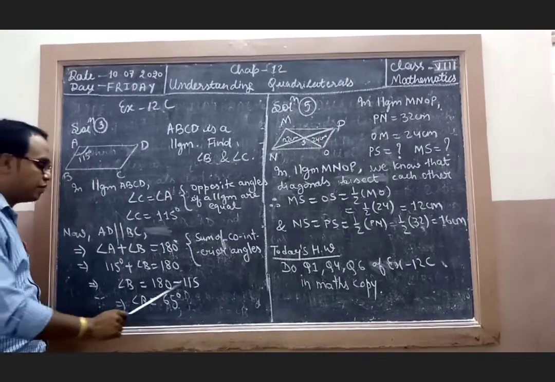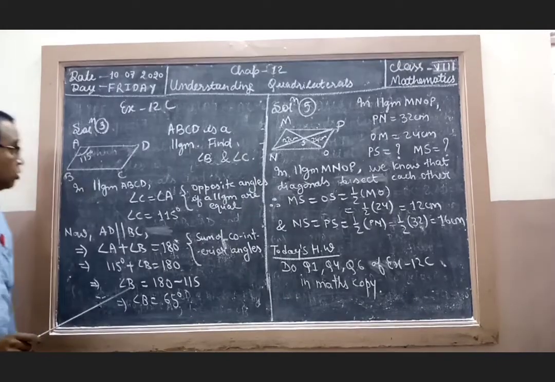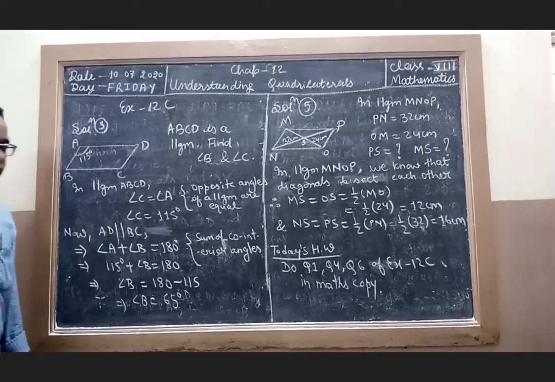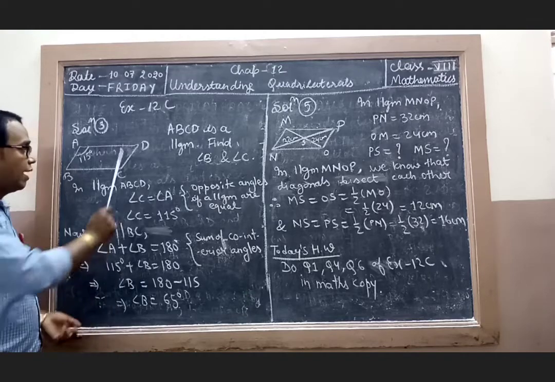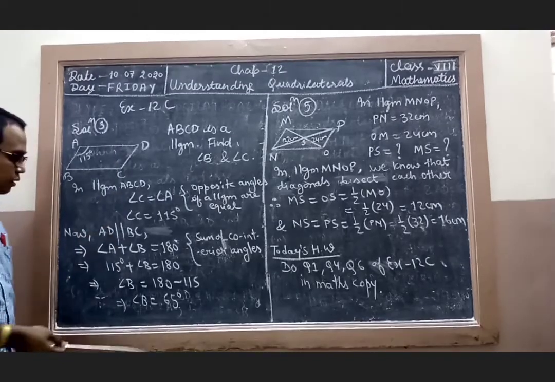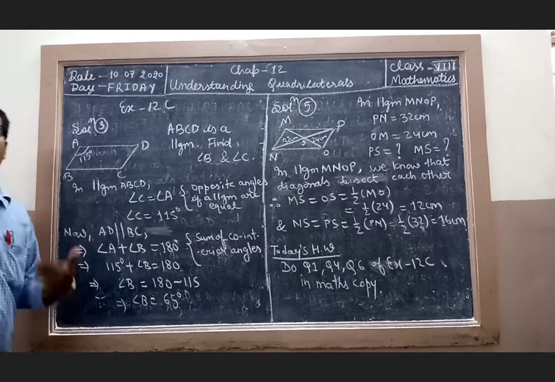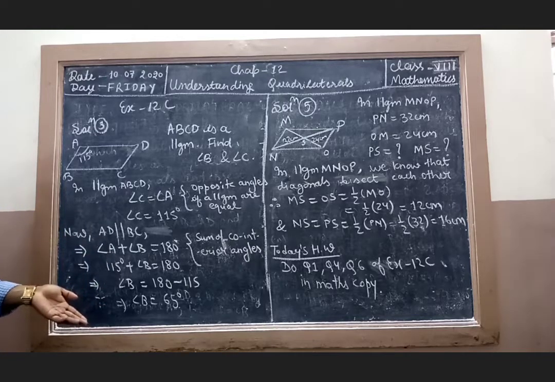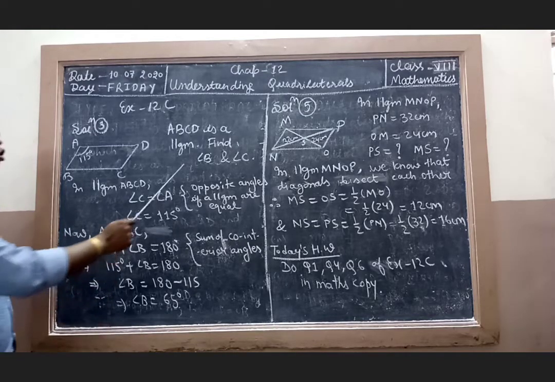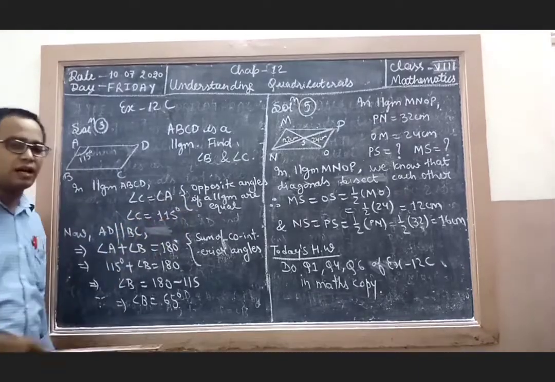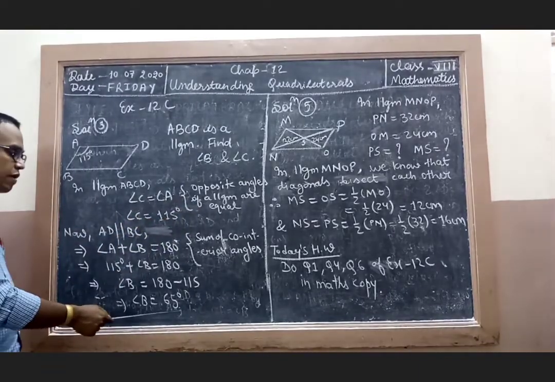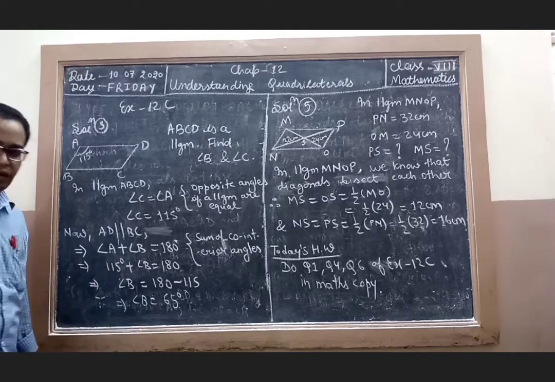Angle B equals 180 minus 115, which is 65 degrees. So in this manner we got angle B. Angle D also equals 65 degrees, because B and D are opposite angles. But according to the problem, only angle B and angle C are asked. So angle B equals 65 degrees, angle C equals 115 degrees.